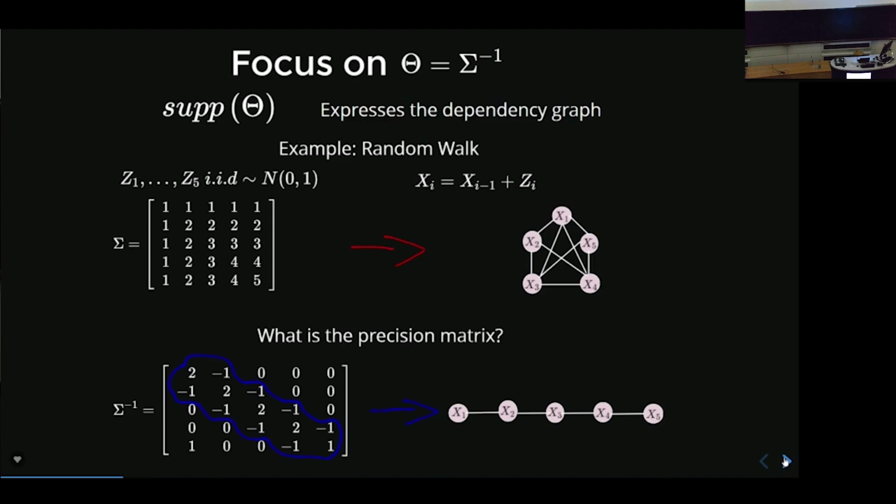This is a fully connected one, a very dense structure. Simple, but very dense. But if I only want to focus on the conditional dependencies, I have a linear graph. It's a much, much smaller, simpler structure, and that's what I'm after. Okay?